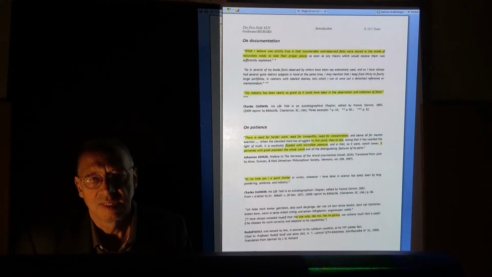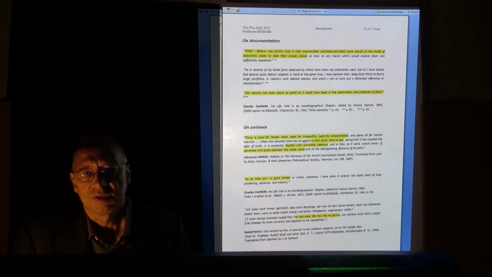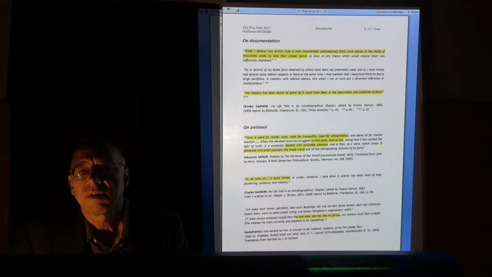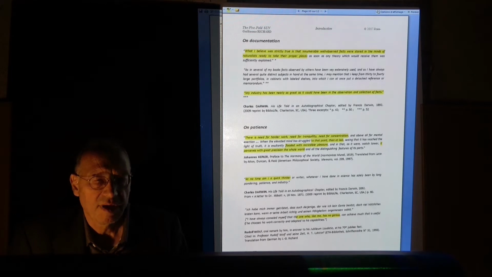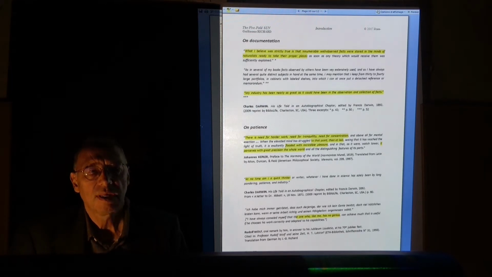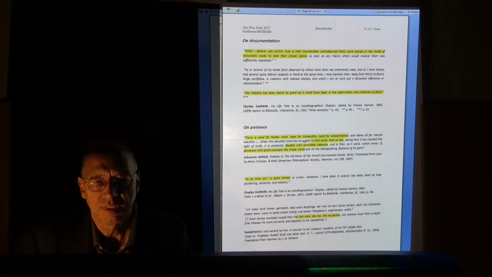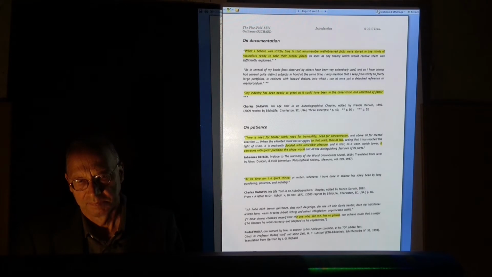And that's why he said, my industry has been as great as I could in the observation and the collection of facts. And we shall try, at least I tried in this work, to follow this good piece of advice.